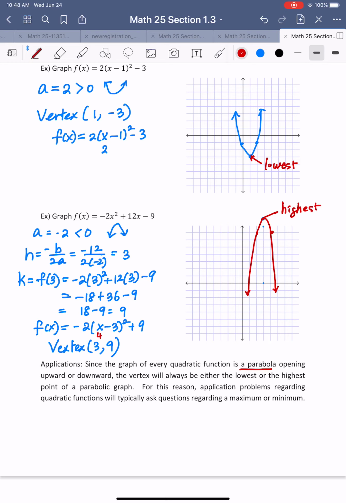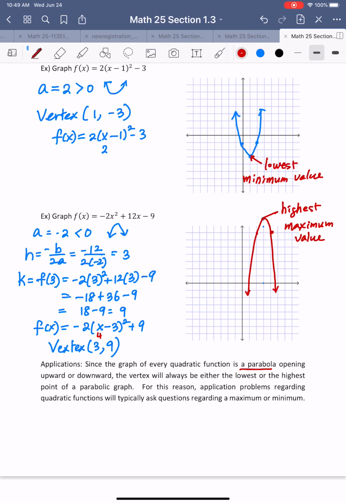This we call the minimum value, and this becomes the maximum value. So when a is positive, you get the minimum value at the vertex. And when a is negative, the vertex k will be the maximum value.